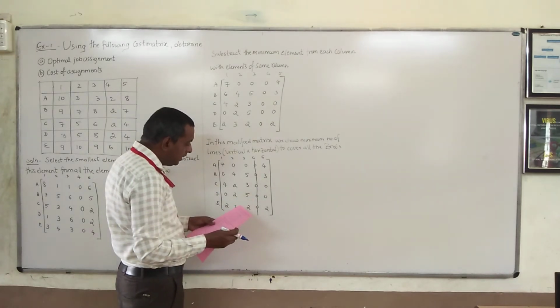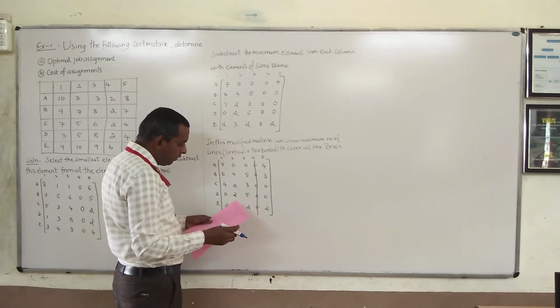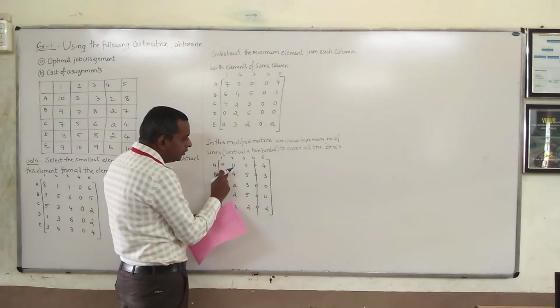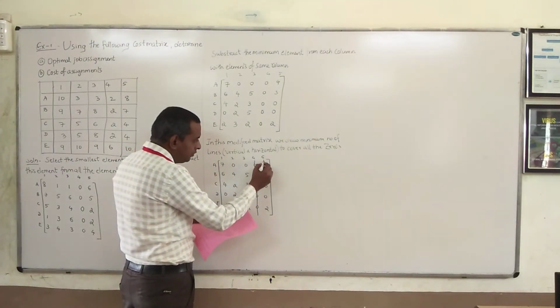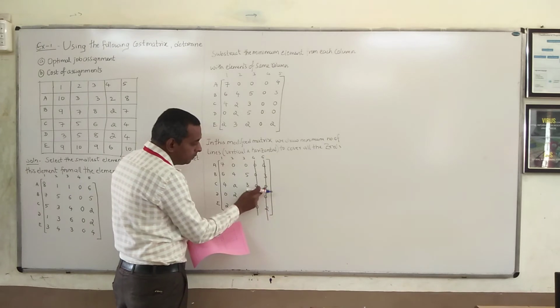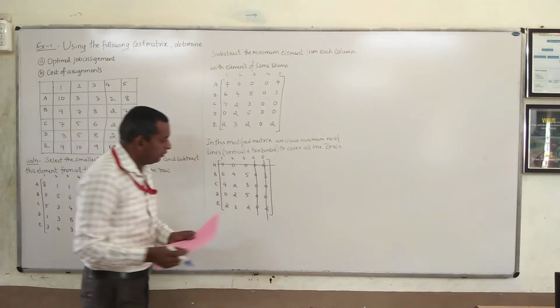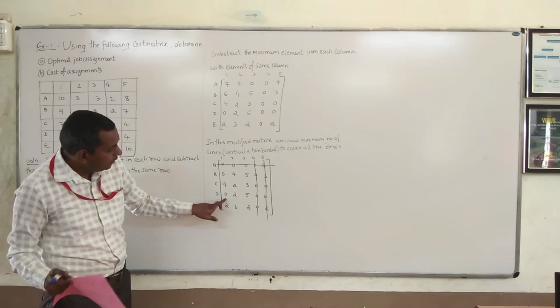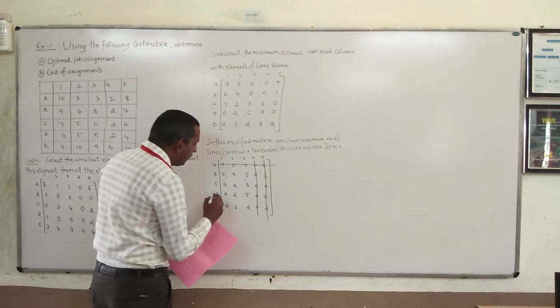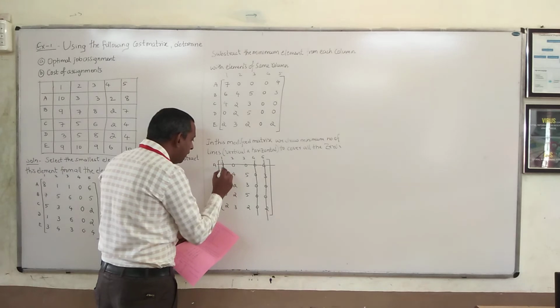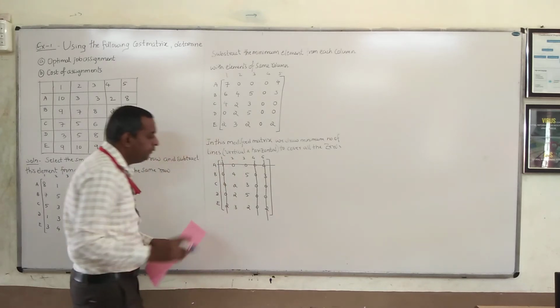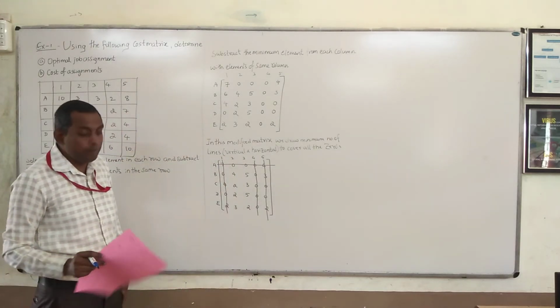The next comes here, where there are two zeros here. Here are the maximum 2 zeros, and here also maximum 2 zeros. Fine. So the remaining is this zero. So let me draw here. Fine. So all the zeros are covered.